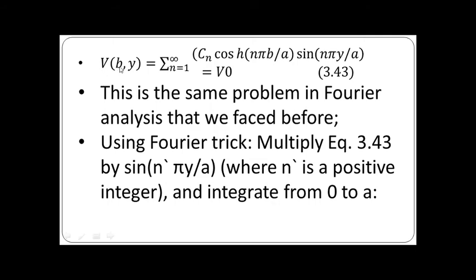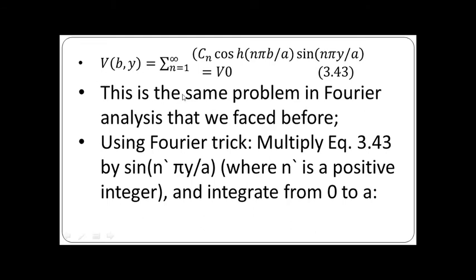So V(b,y) is equal to sigma n is equal to 1 to infinity Cn cosh(n pi b upon a) sin(n pi y upon a). This cosh term is all constant, so this is going to be a Fourier sine series, and this is going to be equal to the constant potential V0.